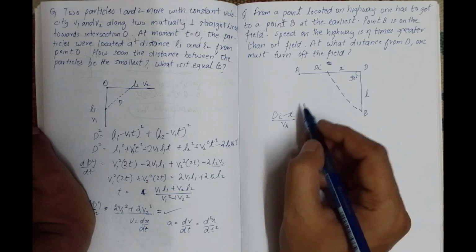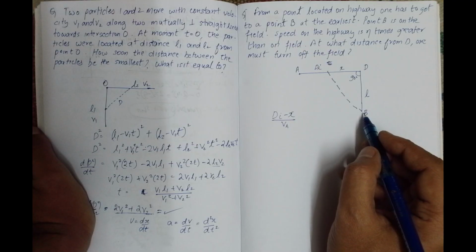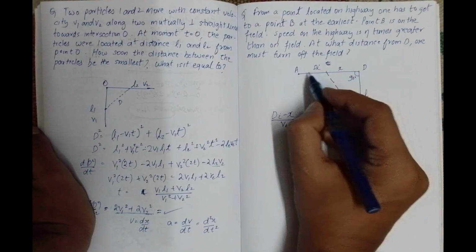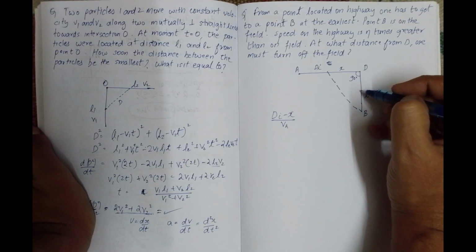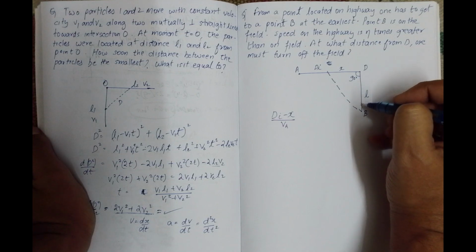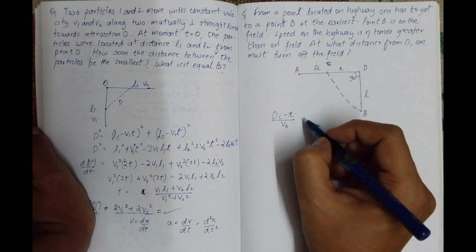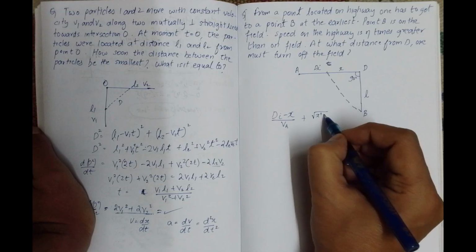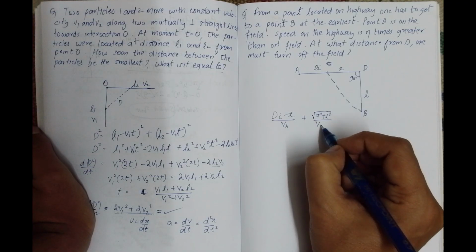Say Vh is the speed on the highway and Vf is the speed on the field. So this is x, this is di, this is di minus x, and this is being given to us as L. So this will be under root of x square plus L square, divided by Vf.